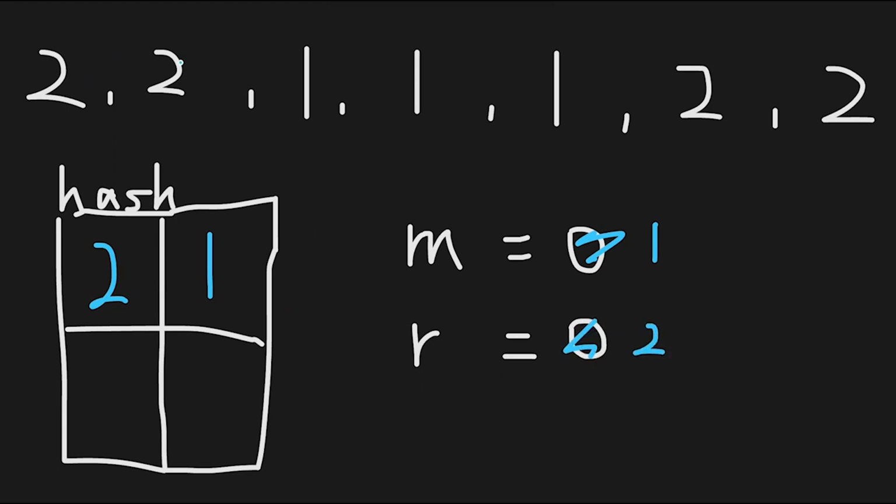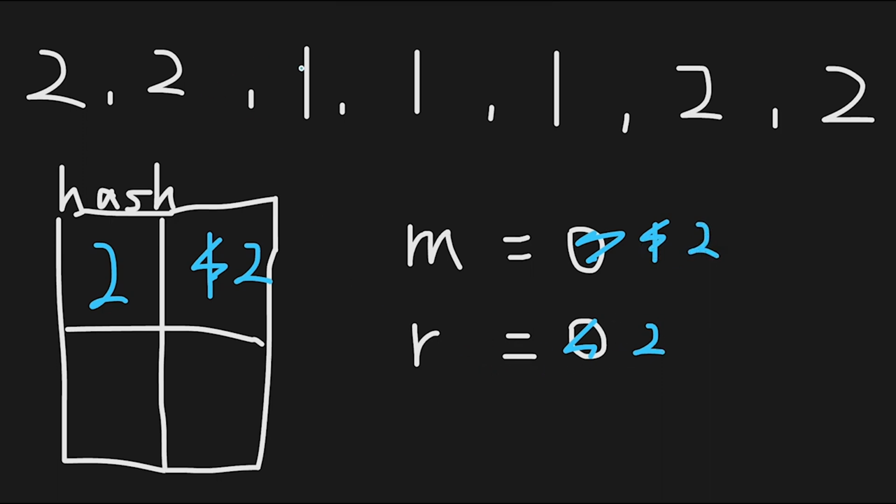And then move next. Now we find 2 again, so update the hash map. Compare the count with the current majority, 2 versus 1, so update majority to 2, and the result variable is still 2, so it's the same.